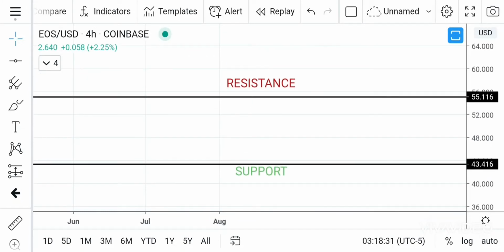Hello guys, so I'm going to use this video to explain the candlestick patterns that we have discussed earlier. We talked about 10 candlestick patterns: the bullish engulfing pattern, the bearish engulfing pattern, the piercing pattern, the shooting star, the dark cloud cover, the hammer, the doji, the bullish and bearish Harami, and we also talked about the morning and evening star.